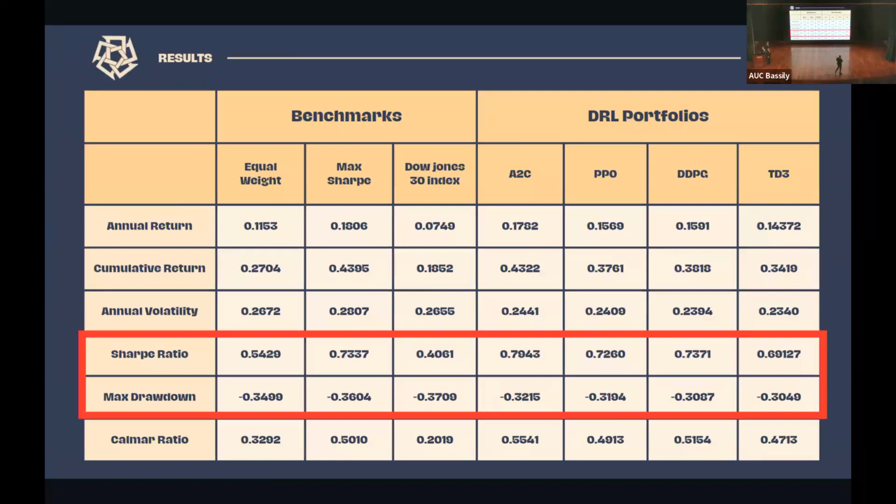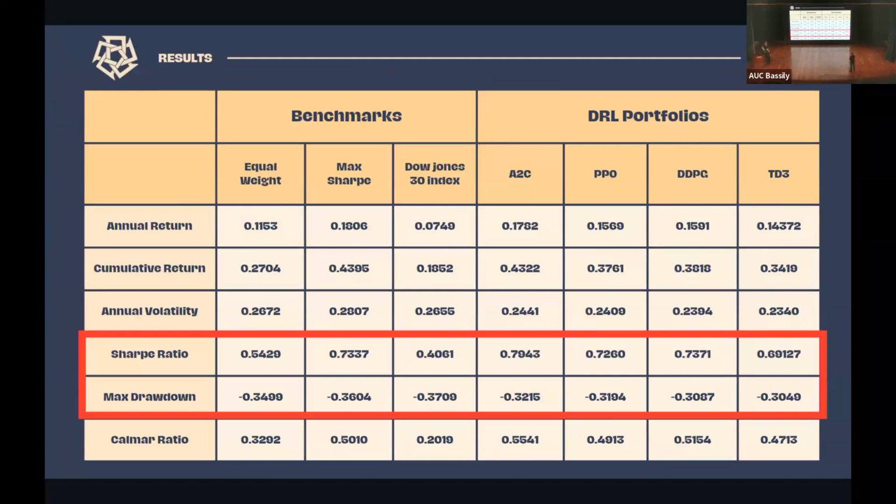And this is the 4 DRL portfolios benchmarked across the benchmark portfolios, the equal weight and the mean variance optimization, which is the Max Sharpe, and the Dow Jones 30 Index Fund, which is the data set that we are using in the first place. So as you see highlighted here, the cumulative return of the Max Sharpe portfolio, as I was saying, did outperform all the DRL portfolios at the end.